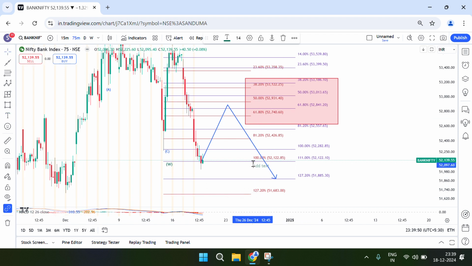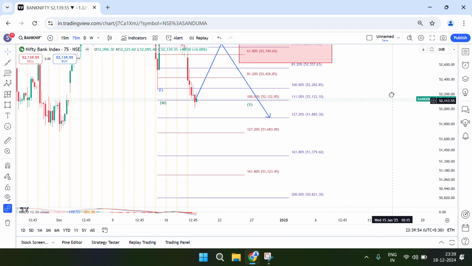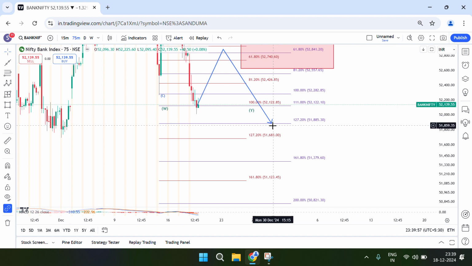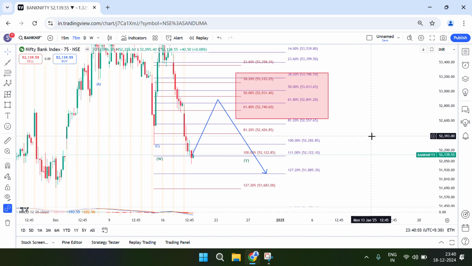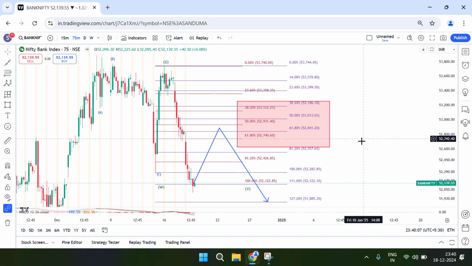So Y could be starting from 50,100 and it can go even further down to 51,600, 51,500 as well. Not all of this is expected to happen on the same day, so we may see this extended or spread across the next 2-3 days or so. But this is how Bank Nifty also looks.